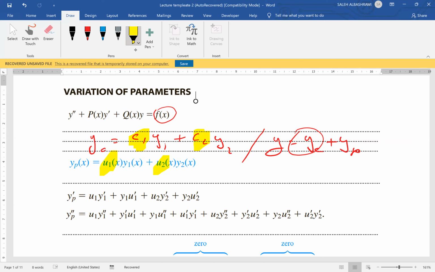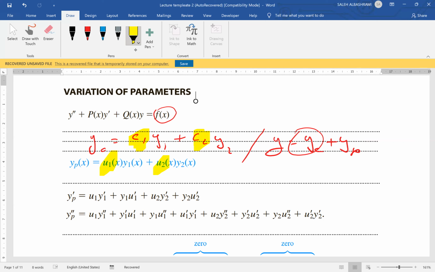So now we can write the particular solution, yp, which is equal to u1 of x times y1 of x plus u2 of x times y2 of x. u1 we found to be ln of the absolute value of cosine x, multiplied by y1, which is cosine of x, plus u2, which is x, multiplied by sine of x.